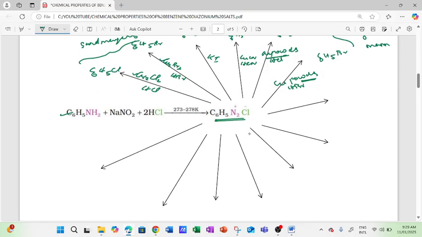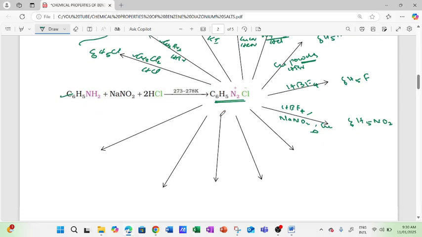Next, when we add HBF4, which is fluoroboric acid, we get C6H5F, that is fluorobenzene. One more reaction: when you add fluoroboric acid followed by NaNO2, sodium nitrite, in the presence of copper powder and heating, then instead of fluorobenzene we get C6H5NO2, that is nitrobenzene.